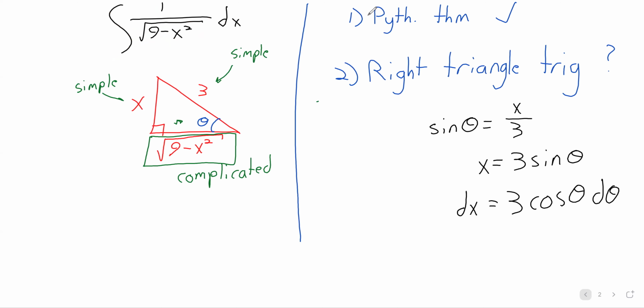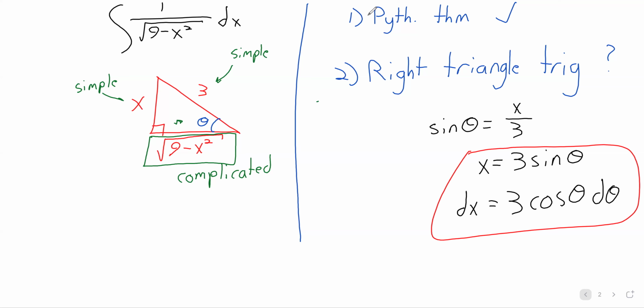So trigonometric substitution, the details vary from problem to problem, but it all looks basically like this. We let our x be some trigonometric expression motivated by a right triangle.